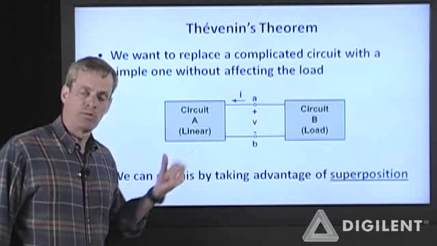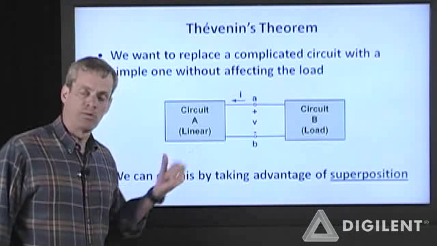Last time in Lecture 10, I stated rather baldly that any linear circuit can be replaced with a voltage source in series with a resistance without affecting its terminals' voltage current characteristics. So with proper choice of the ideal voltage source voltage and the series resistance's resistance value, you can replace any linear circuit with that series combination.